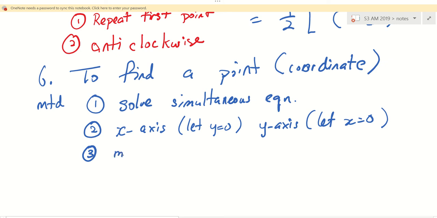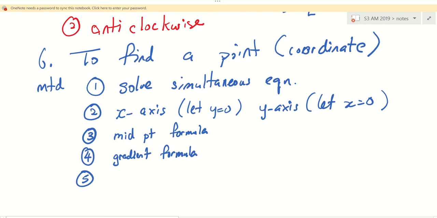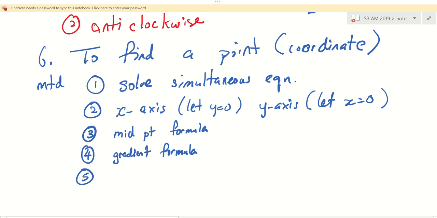Method number 3 is to use the midpoint formula. Method number 4 is to use the gradient formula. Method number 5, to find a point, that means to find a coordinate, you can use a lot of different methods.